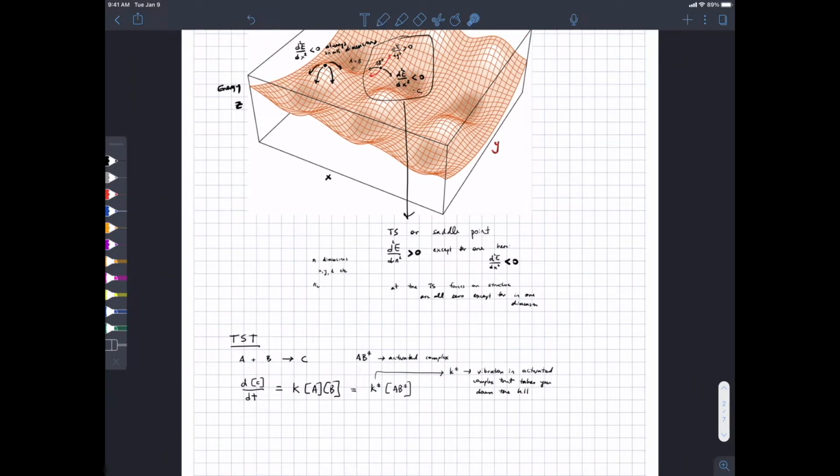It's a vibration. In this case, the pathway from A and B to C is in the X dimension. So this would be some vibration in the X direction.